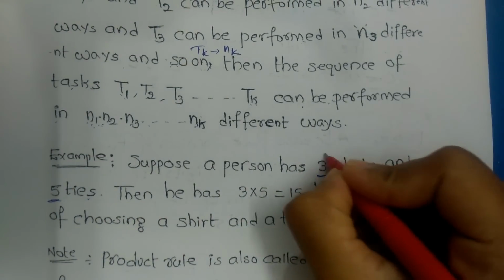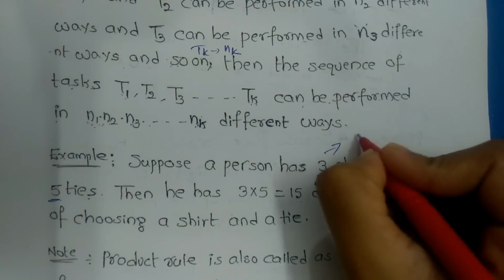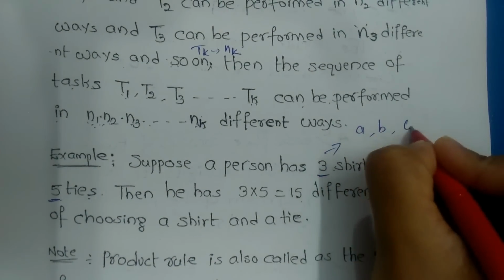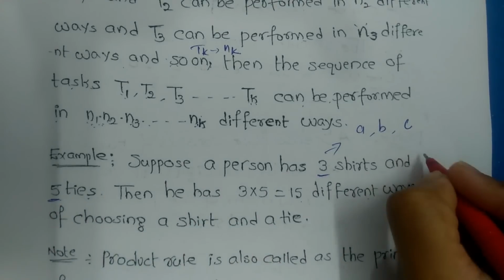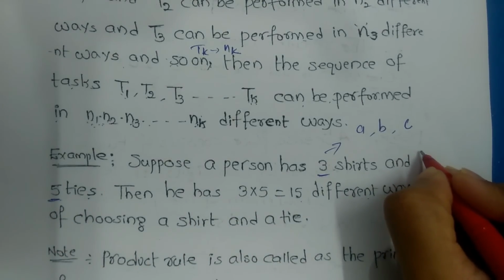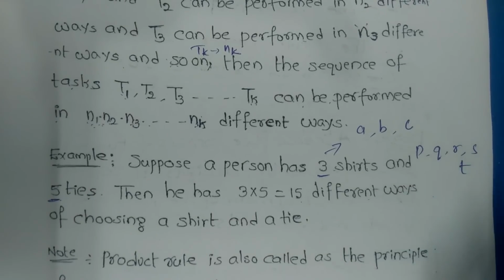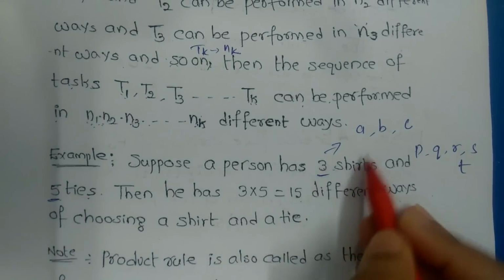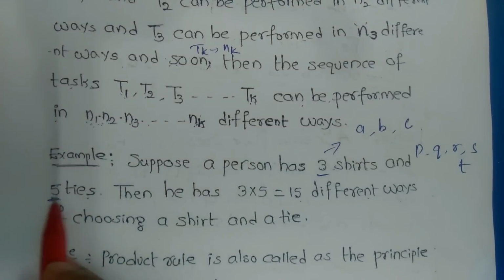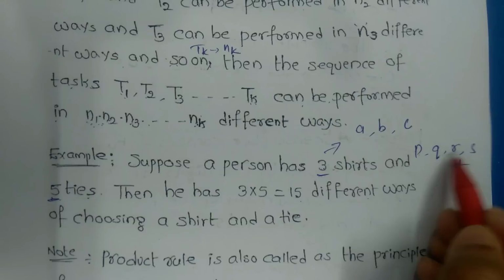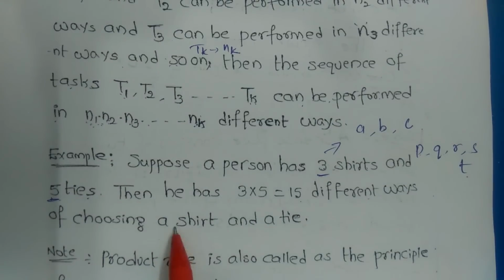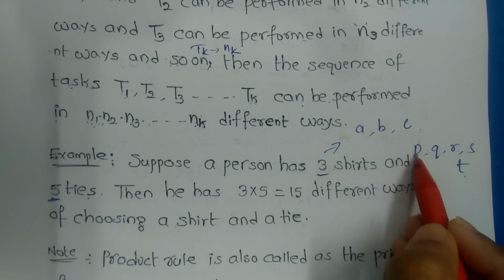Let me show you one example. The 3 shirts I am naming A, B, C, and the 5 ties I am naming P, Q, R, S and T. He is selecting one shirt and one tie.